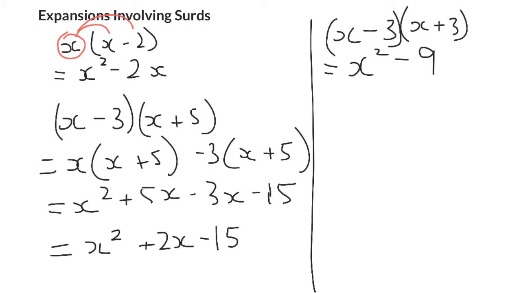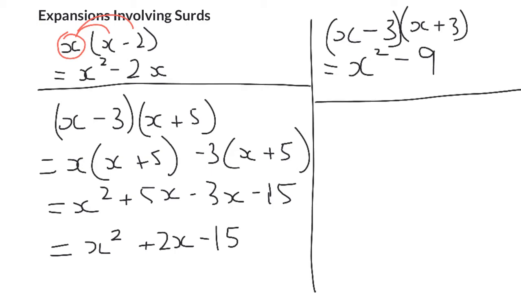The last one to have a look at before we actually look at the surds, even though this is a surds video, is something along the lines of x plus 4 all squared, which is x plus 4 multiplying x plus 4. So we call it all squared, which gives me x squared plus 16, so x squared and 4 squared, and then twice the product in the middle.